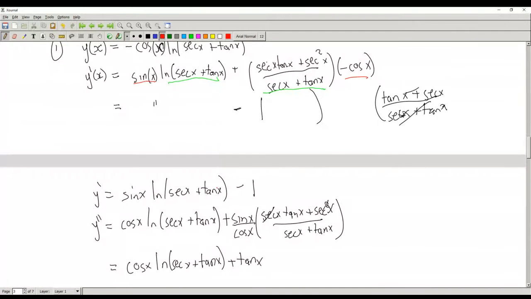And then from there, you got the first part, cos x ln of sec x plus tan x. And then what happened to that negative? I might have missed something. Oh, when we're doing the derivative of this, okay, good, the derivative of a constant is going to be 0.